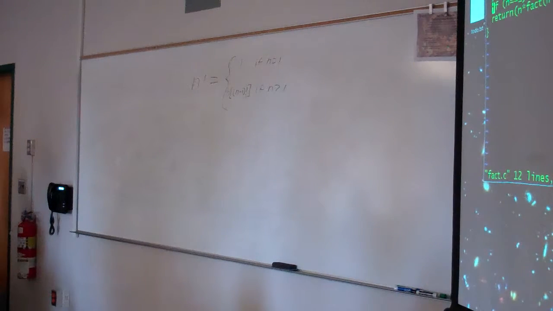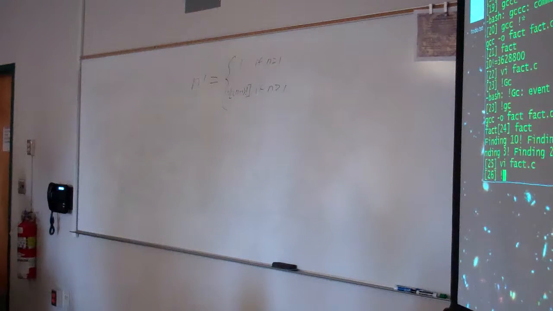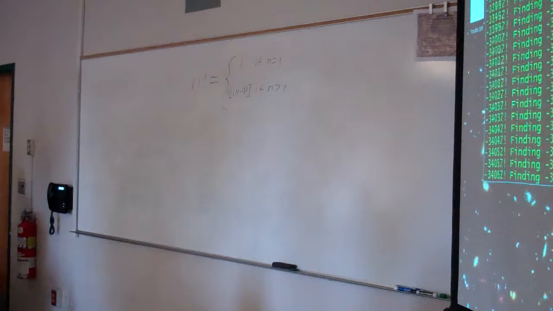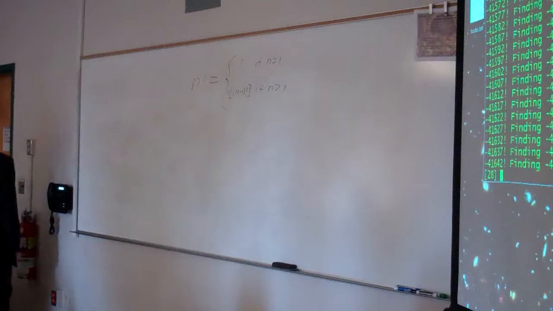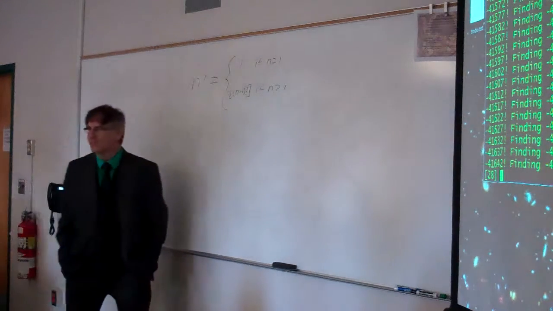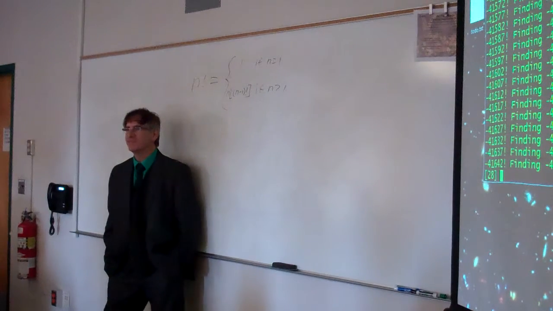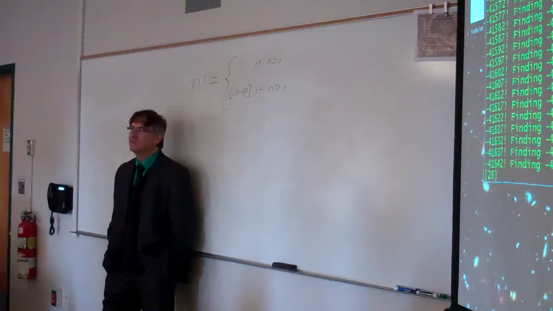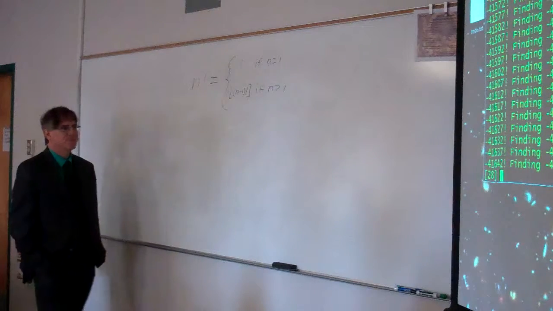Now, if I don't have this base case, it keeps trying to find the solution in terms of some other solution, and it never finishes. And what happened here was I actually ran out of memory. And so the program exited painfully.